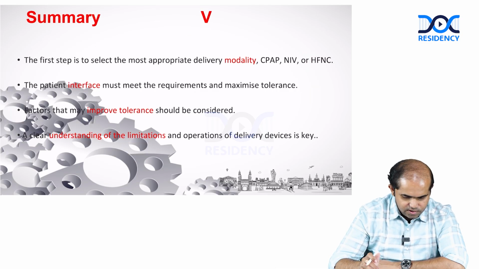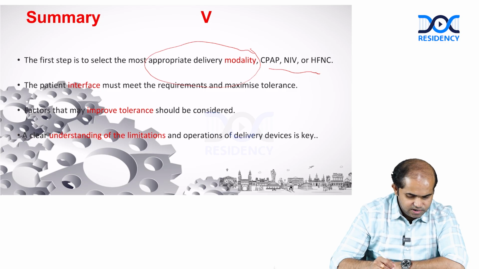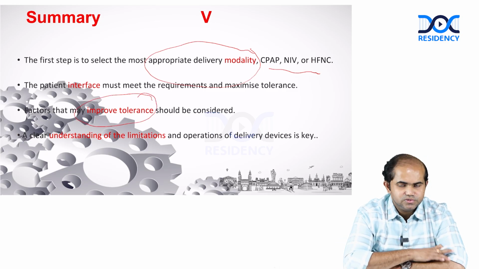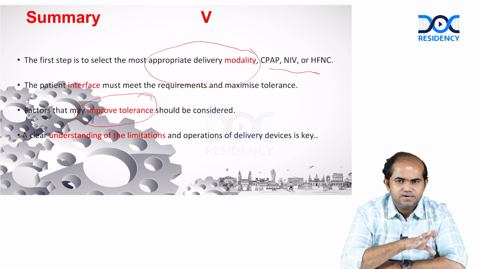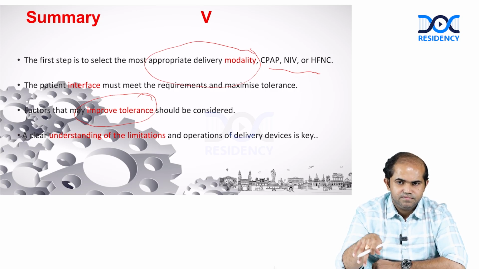So, summary: the first step is to select your appropriate delivery modality, CPAP or NIV or HFNC. The patient interface must meet the requirements and maximize tolerance. Factors that may improve tolerance should be considered. Basically, you should be able to select the appropriate modality, whether HFNC, CPAP or BiPAP, and why. Once you select the modality, you should look at whether the child is able to tolerate that interface.